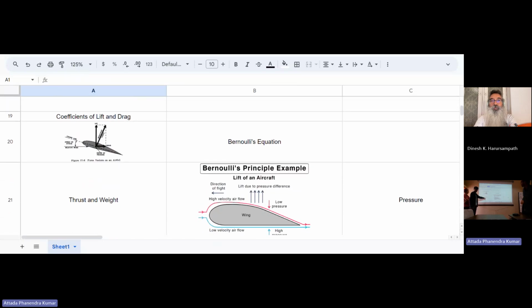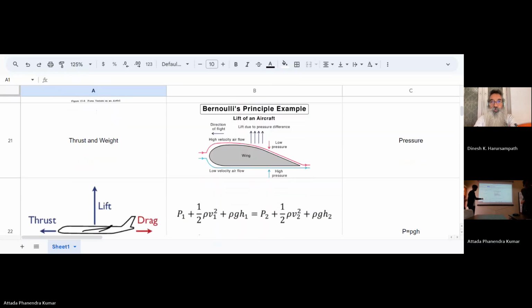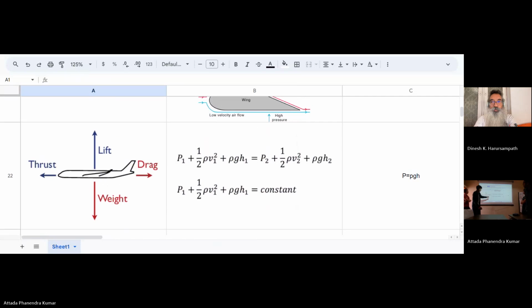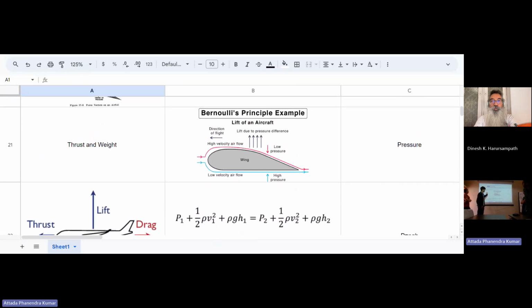Thrust and weight are also being applied when an airplane is moving. So, this is the very basics of how an airplane moves, and the very basic forces that are being applied when you look at the entire body as a whole.